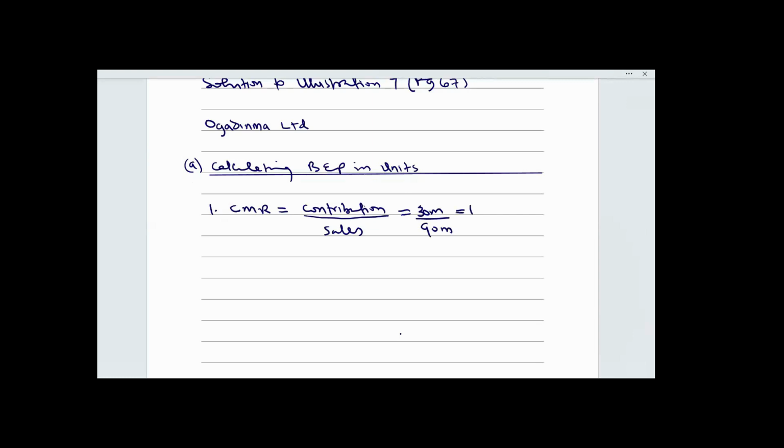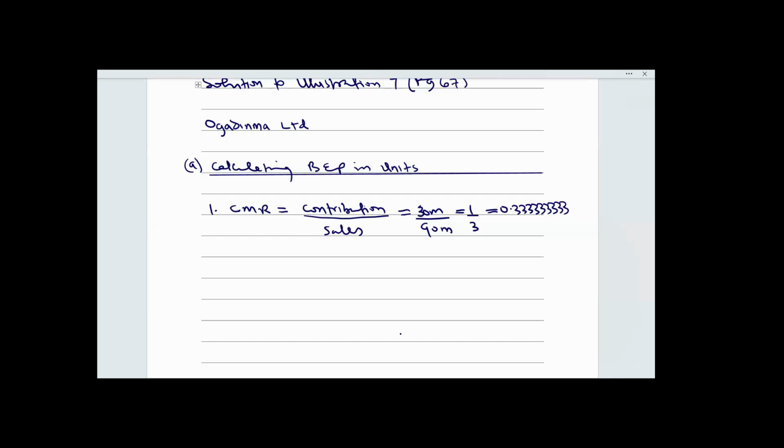This is the same thing as 1/3, which is 0.3333 recurring. Please, when you are doing this, don't do rounding. You don't round your figure until you get to the last number. You can only round the final number, because once you round it, your final answer will not be accurate.